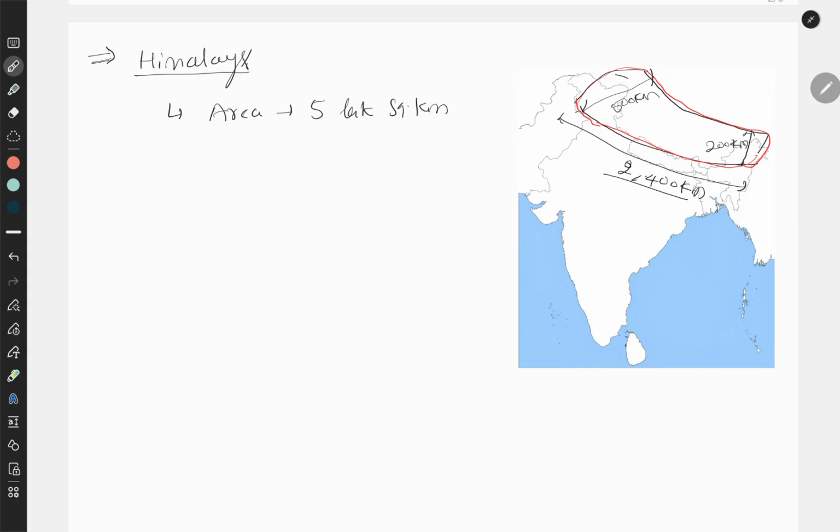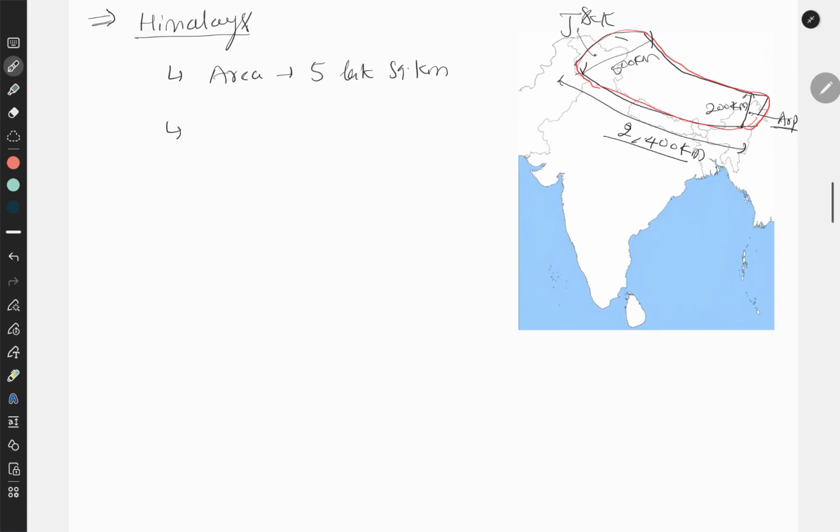The Himalayas extend from Jammu and Kashmir to Arunachal Pradesh.